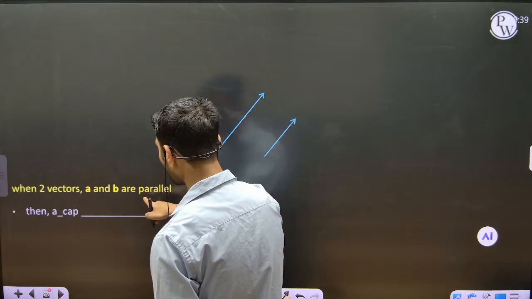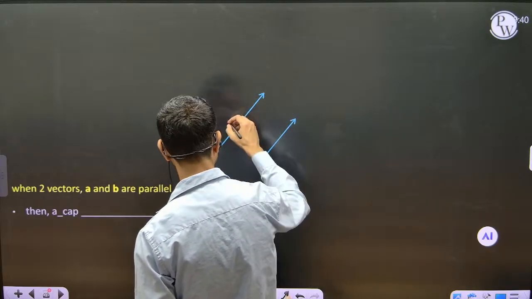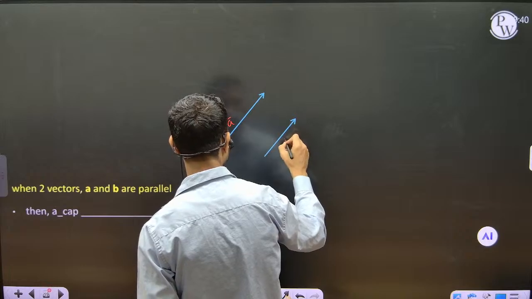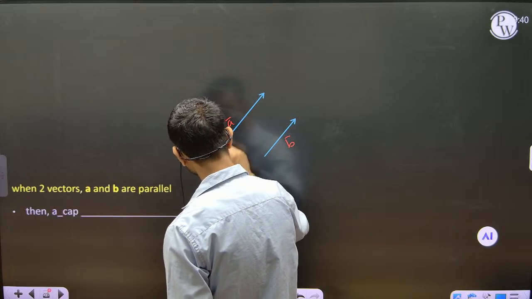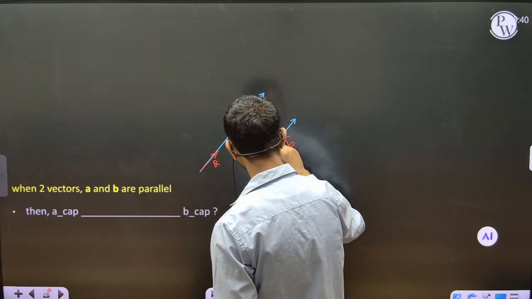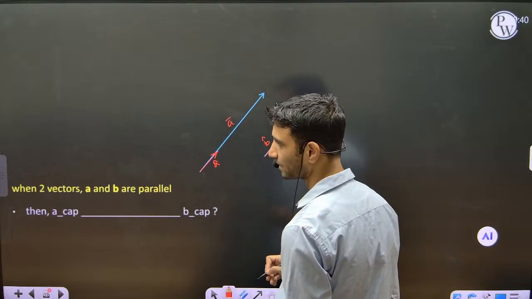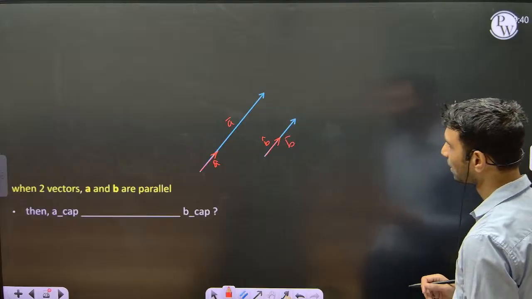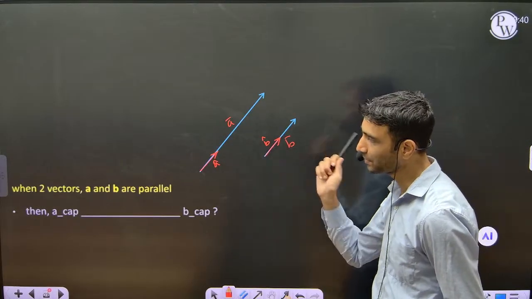So when two vectors are parallel, like you can see these guys are parallel, call them A vector and B vector. What can you say about A cap? A cap is a unit vector along A vector and B cap is a unit vector along B vector. Right? Now my question is, what can you say about A cap and B cap?